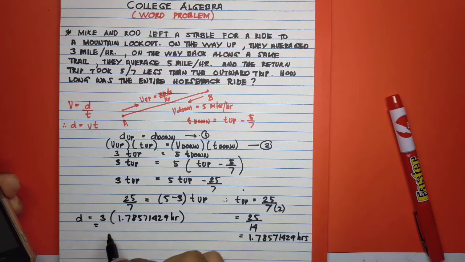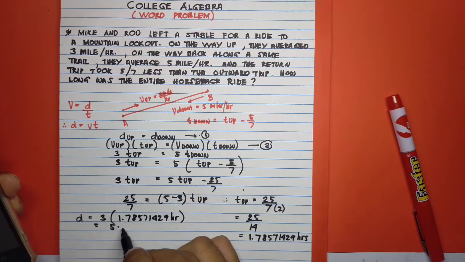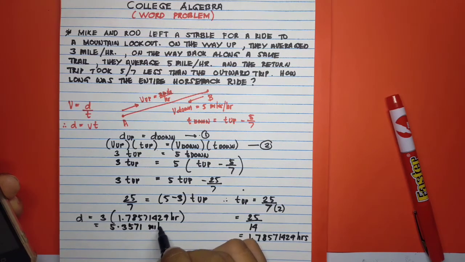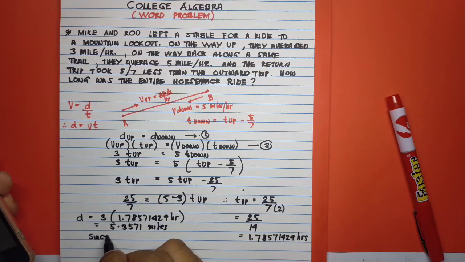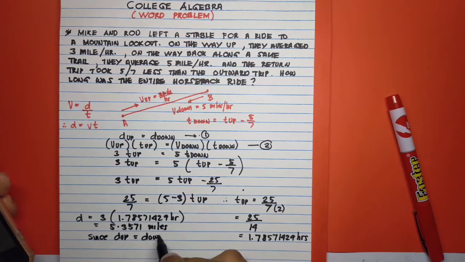So the distance is 5.3571 miles. So the entire horseback ride is just times 2, since distance up is equal to distance down.